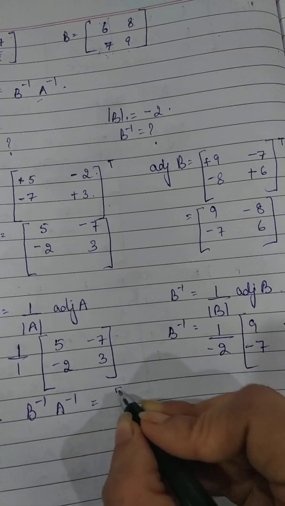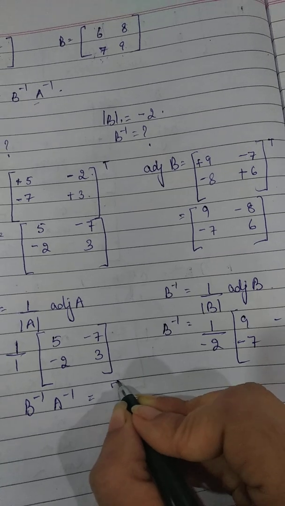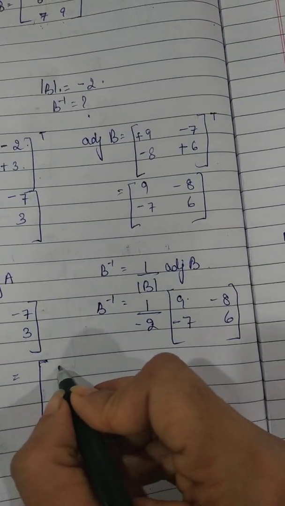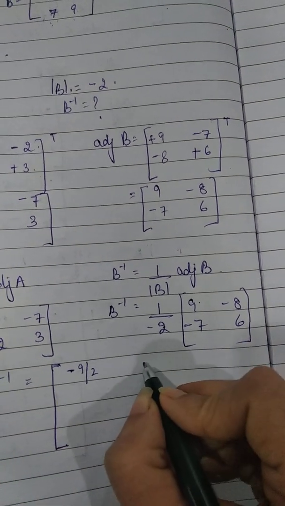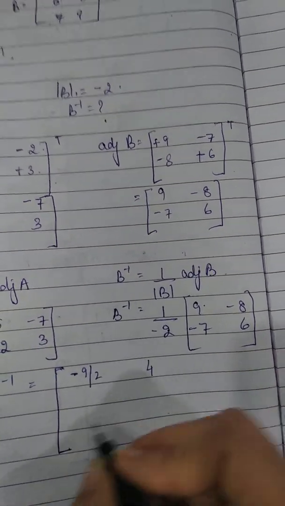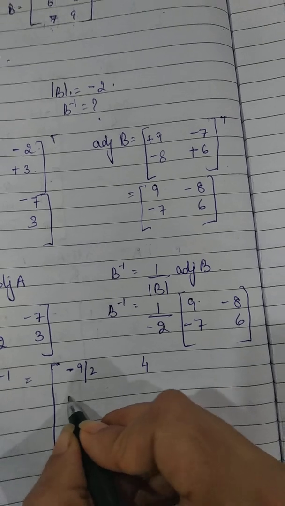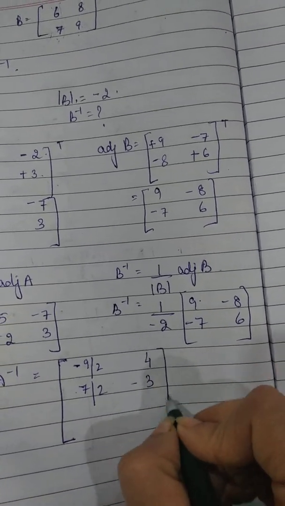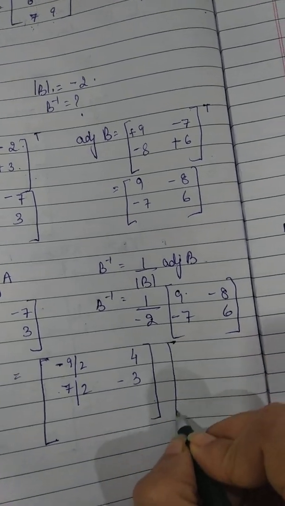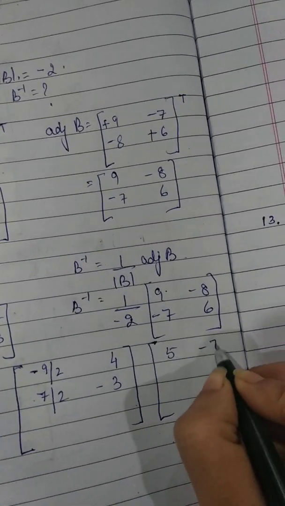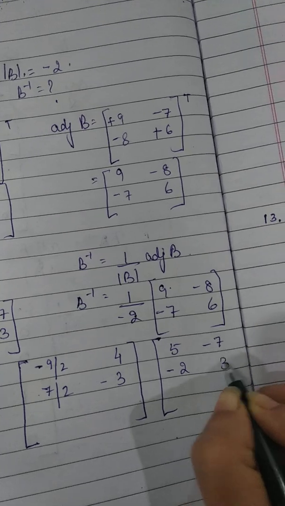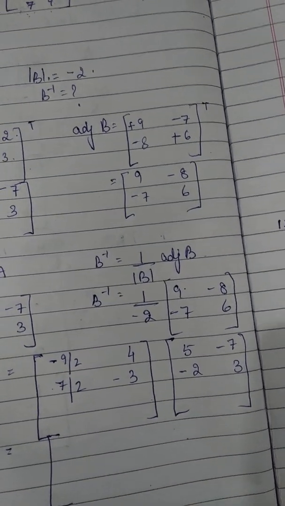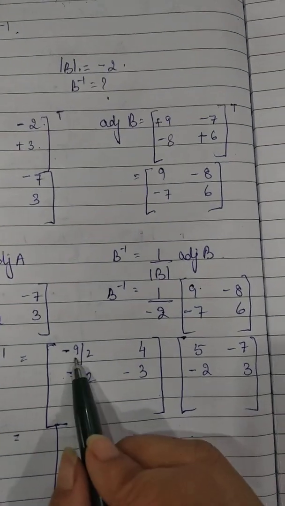So B inverse is, if I take this minus 2 inside, so I have minus 9 upon 2. Minus 8 upon minus 2 gives us 4. Minus 7 upon minus 2 gives us 7 by 2. 6 upon minus 2 gives minus 3. A inverse is 5, minus 7, minus 2 and 3. Now, simply multiply.